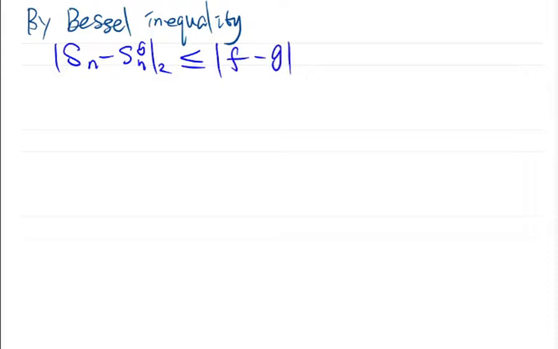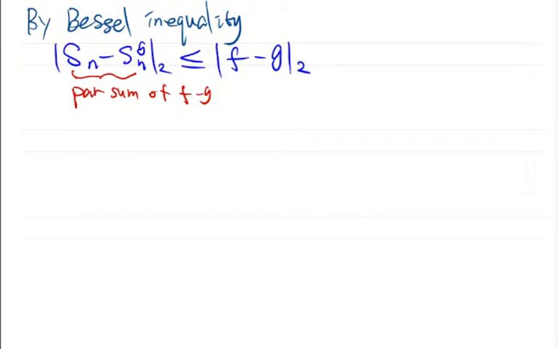Using this observation, by the Bessel inequality, the L2 norm of Sn f minus Sn g, which is the partial sum of f minus g, will not be greater than the L2 norm of the function itself. This is the Bessel inequality.